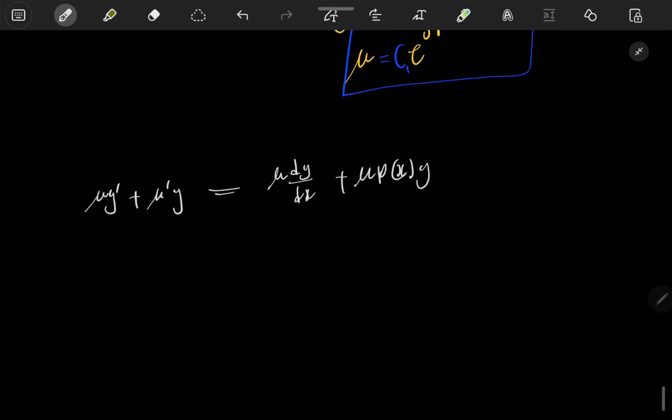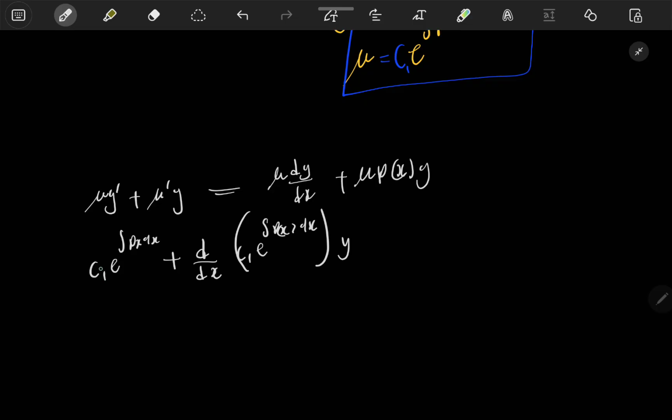But we got a mu that comes with c1 now. So here we'll have c1 e to the integral of p(x) dx plus d/dx of c1 e to the integral of p(x) dx. That's what I'm integrating, right?